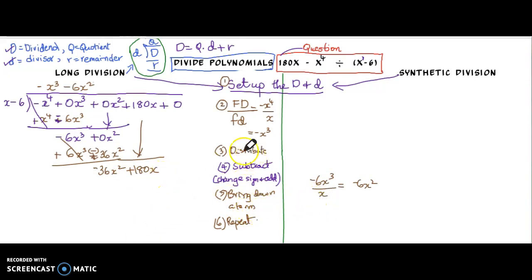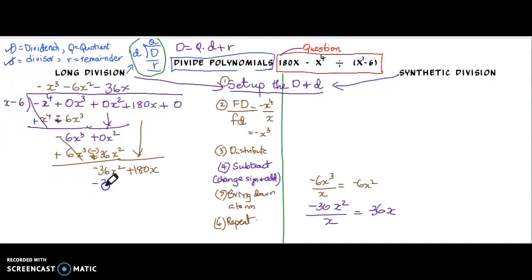Okay, so now the new dividend becomes negative 36x to the second power divided by x, negative 36x. So we get negative 36x, and then we have to distribute in.